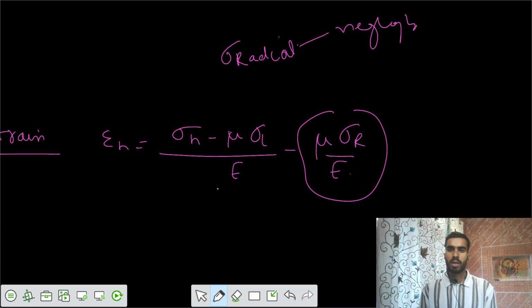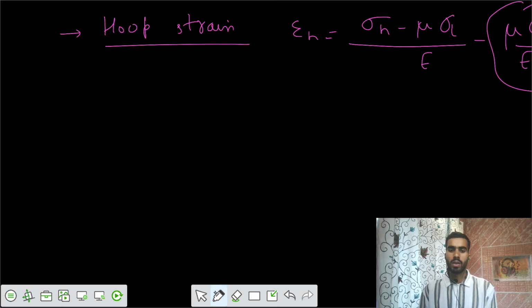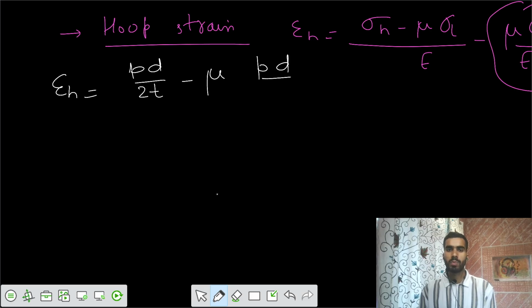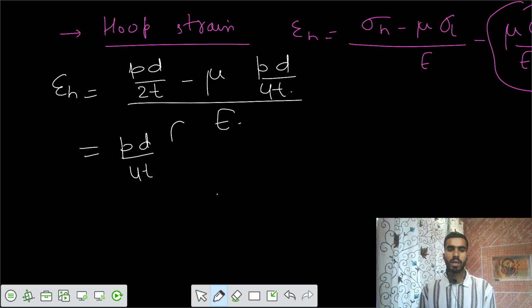So if you remove this part, the strain in hoop direction would be equal to sigma hoop, which is PD by 2t, minus mu times sigma long, which is PD by 4t, divided by E. So you get a value of PD by 4tE times 2 minus mu.